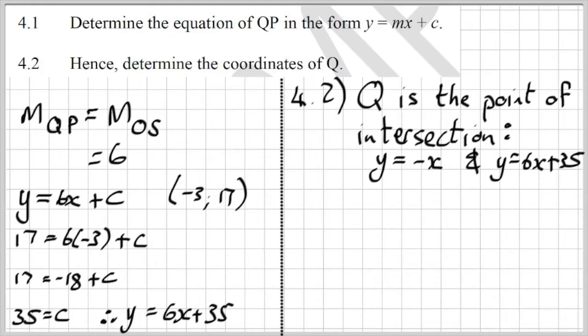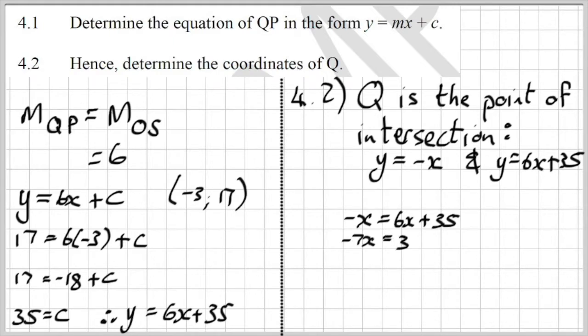And this is actually, in inverted commas, level or not level, paper 1 knowledge, because it's just the intersection point between two graphs. So how do I determine that? Well, I make them equal to one another.